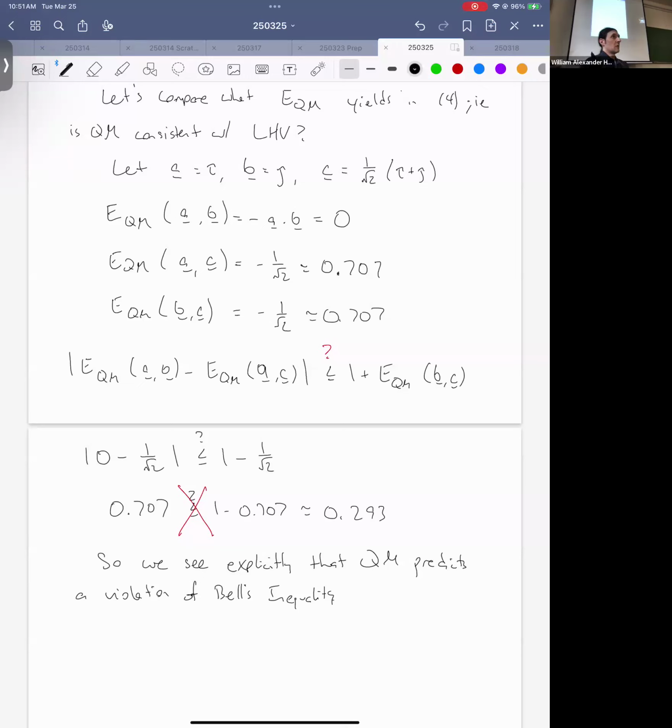Nature does not obey a local hidden variable theory on the quantum mechanics scale. Yes.